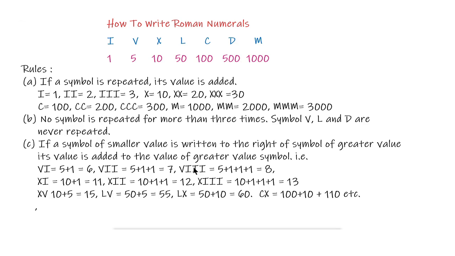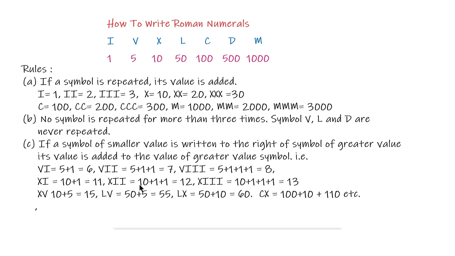Now no symbol is repeated for more than 3 times, so you cannot write I for 4 times for making it 9. So this we have to keep in mind, that no symbol is repeated for more than 3 times. XI is 10 plus 1, as X is 10 and I is 1, so 10 plus 1 equal to 11.